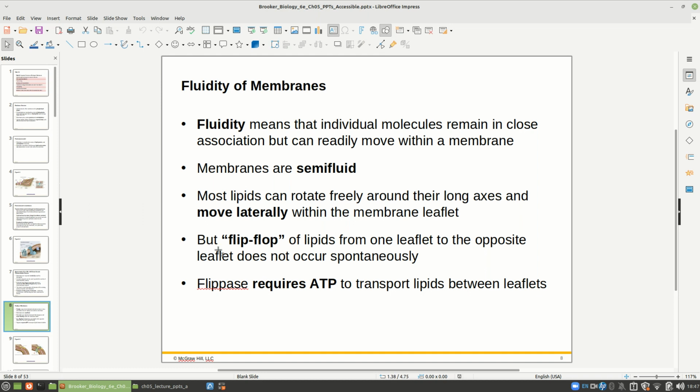Let's see, lipids, not that important, but you do need to kind of know about this flipase. It requires ATP, so this is a powered function. It requires energy to do the flipping, but what the flipase does is that it takes something on one side of the membrane, and when something attaches to the protein, it flips around to the other side, kind of like a rotating door.